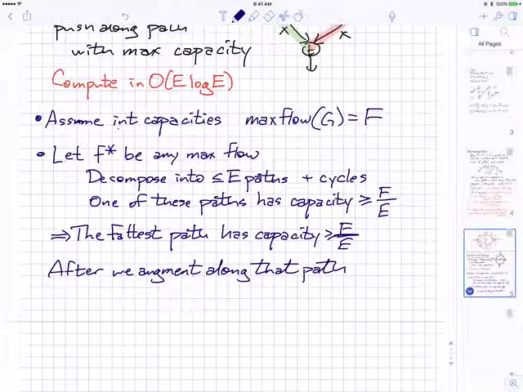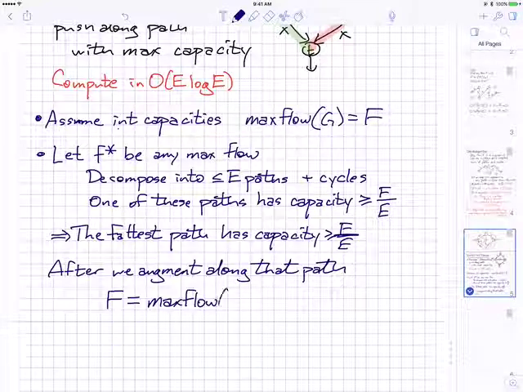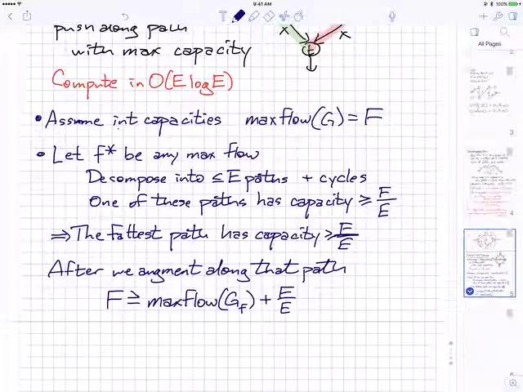So I get, capital F is the maximum flow value in the residual graph plus F over E, right? I could take my maximum flow and decompose it into that single path and recursively whatever the maximum flow is in the residual graph. So the values also are going to sum up the right way.